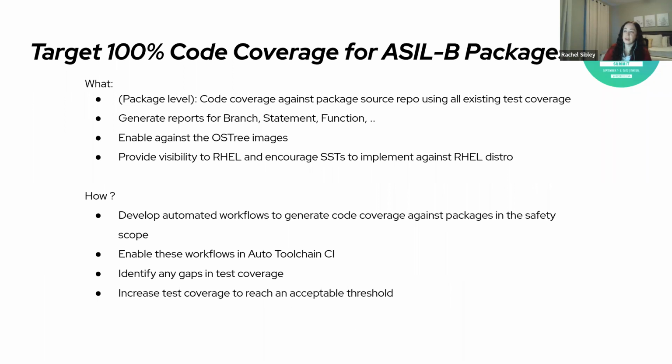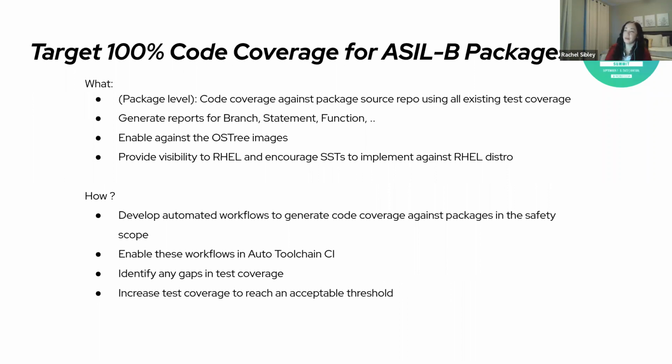So for the automotive initiative, we are trying to target 100% code coverage for the packages in the ASIL-B scope. Now I know that it can be difficult to achieve, especially for kernel, which I'll talk about in the next slide.